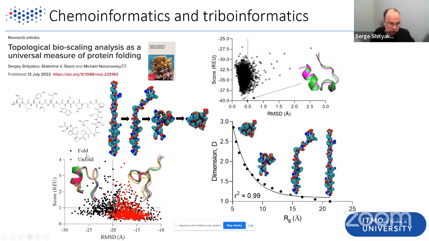So we are trying to investigate how one structure which is folded and the other structure which is not folded are related using algorithms like Monte Carlo algorithms. And again, we have found some clustering here, where we have a very high score when the protein is unfolded and a very low score when the protein is folded.